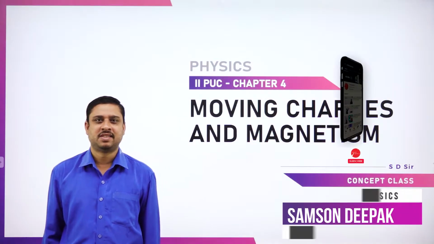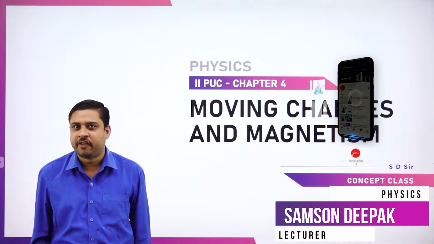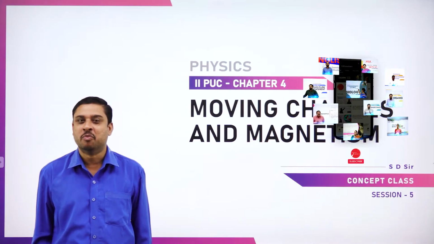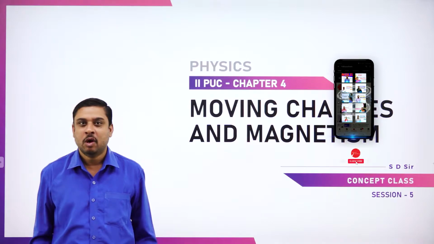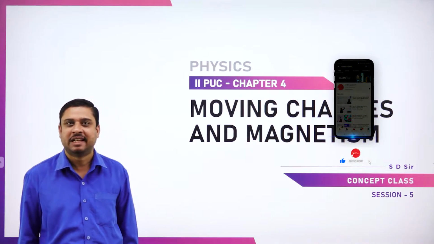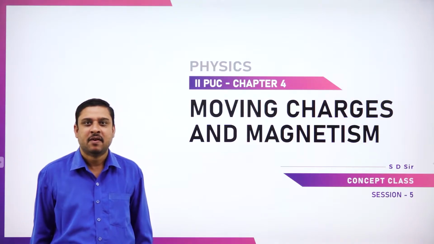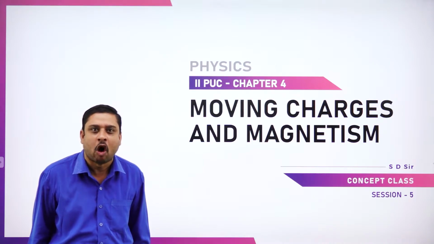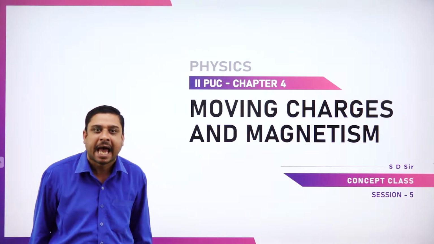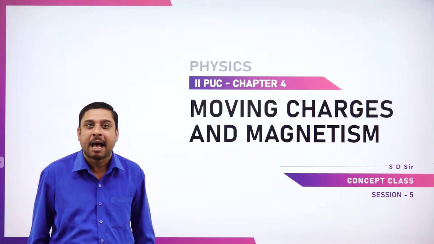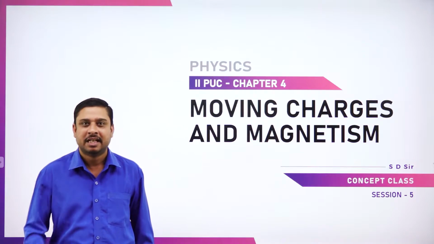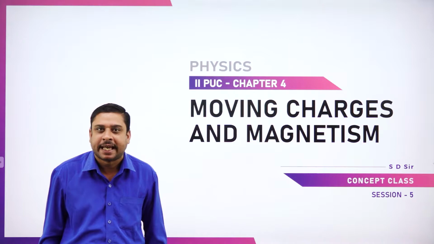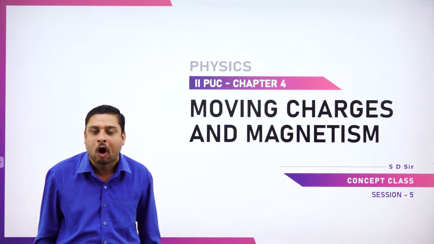Hello students, how significant was my previous session on moving charges? What did you all learn from that session? Sir, we understood a very interesting law, Biot-Savart's law, Laplace's law. Dear children, what was the significance of Laplace's law?